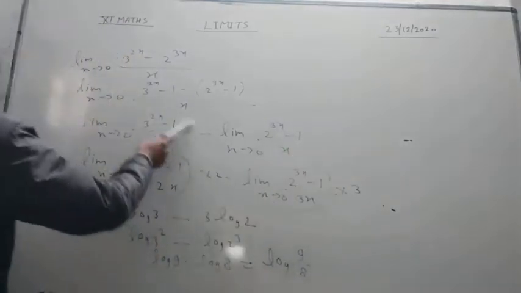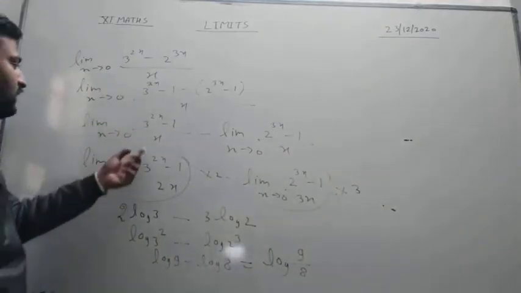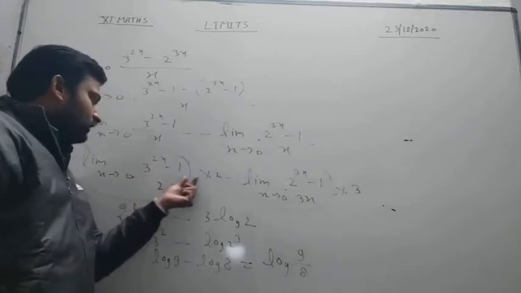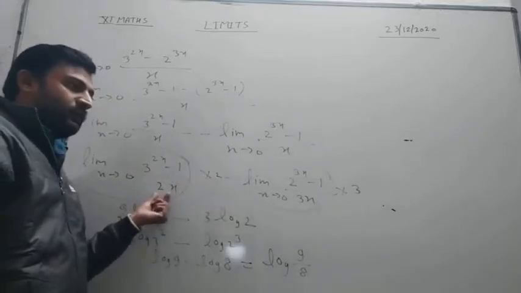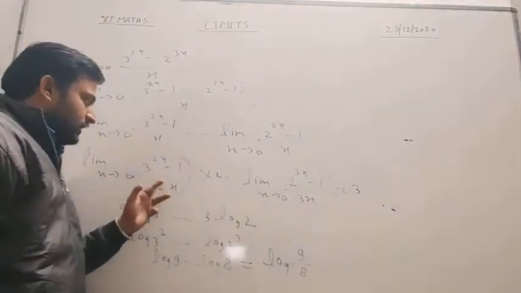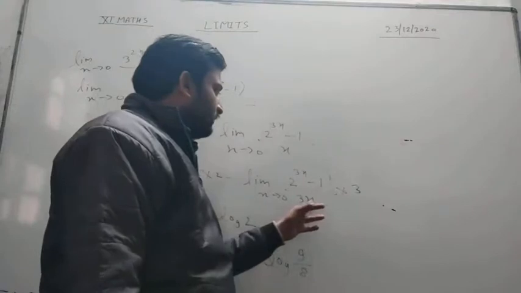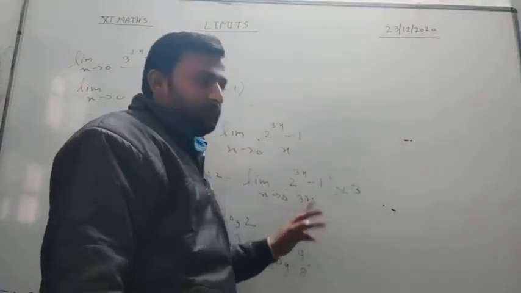Okay, now this part is what? Here we are multiplying with 2 and dividing with 2. Now this is a to the power x minus 1 by x into 2, and here again we are multiplying with 3 and dividing with 3.